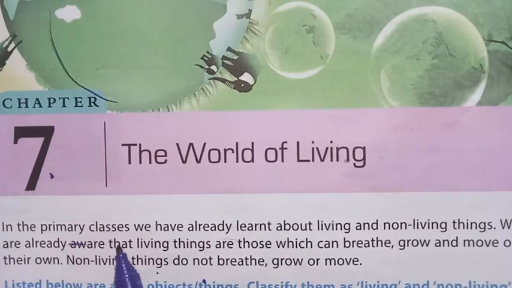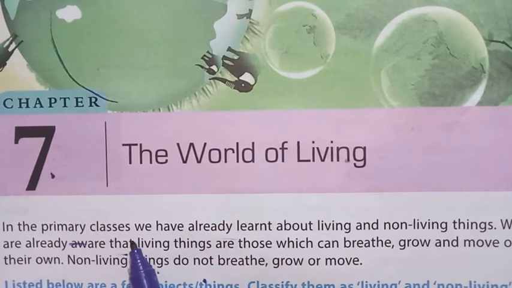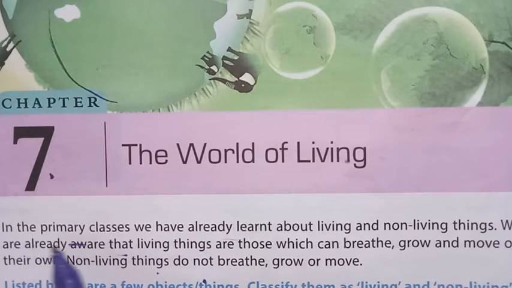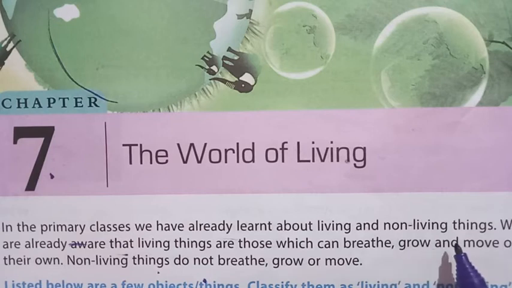In the primary classes, as I have told you, you have been studying about living things and non-living things since class 1. It is written here that in the primary classes we have already learnt about living and non-living things.